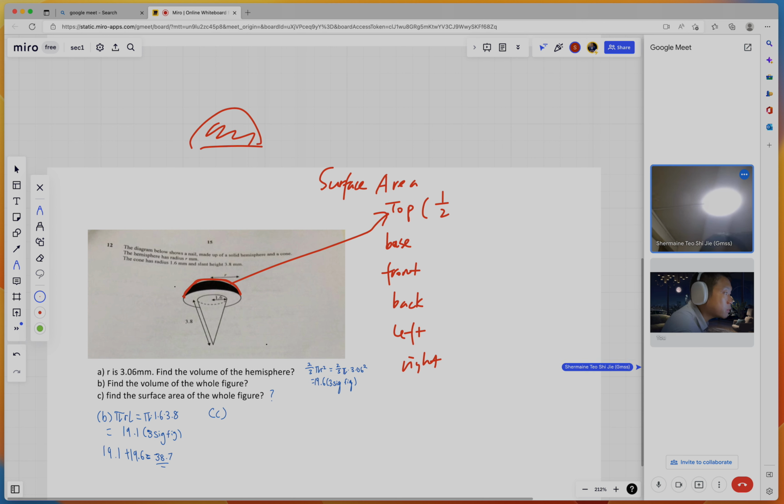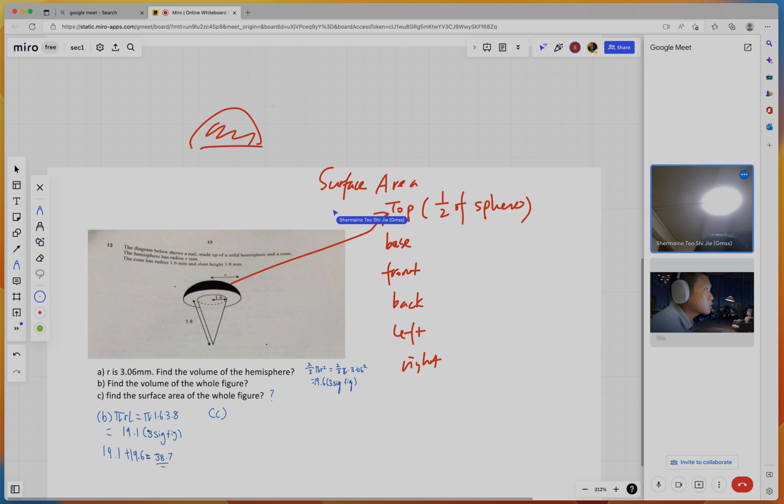I'm talking about what shape this thing is. This is half of what? The black one is a what? You read the question. This black one is what? The hemisphere. Yes. So a hemisphere is half of what? Sphere. Yes. So the top is half of a sphere.